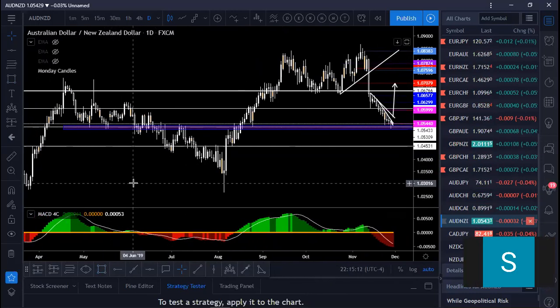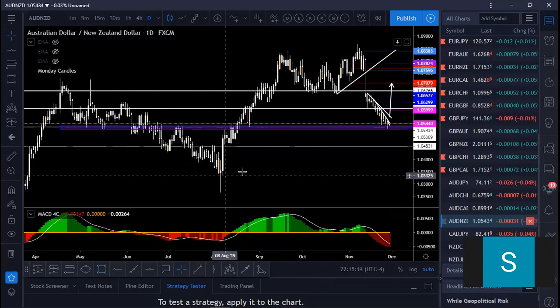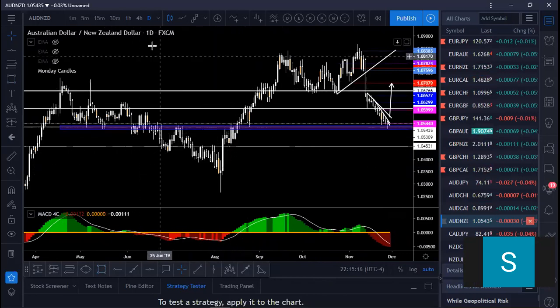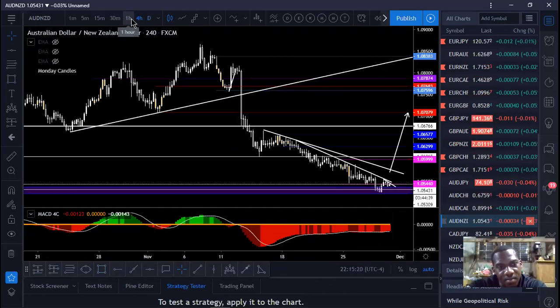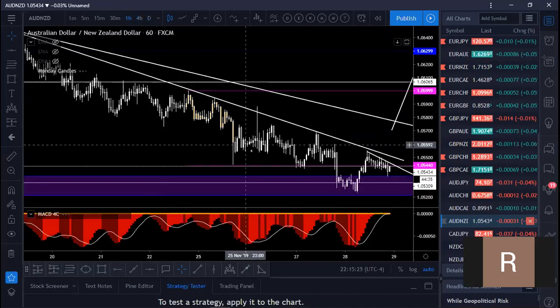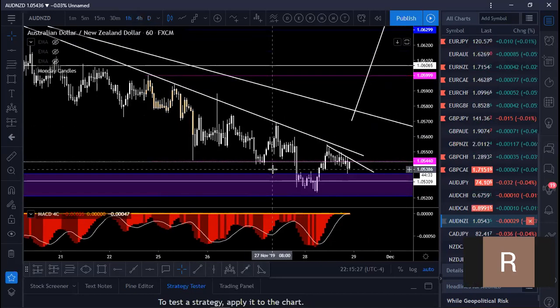Should be able to give us Aussie New Zealand, probably get a 30 pip move back up. They're looking for this to buy, plus it has to retest too.